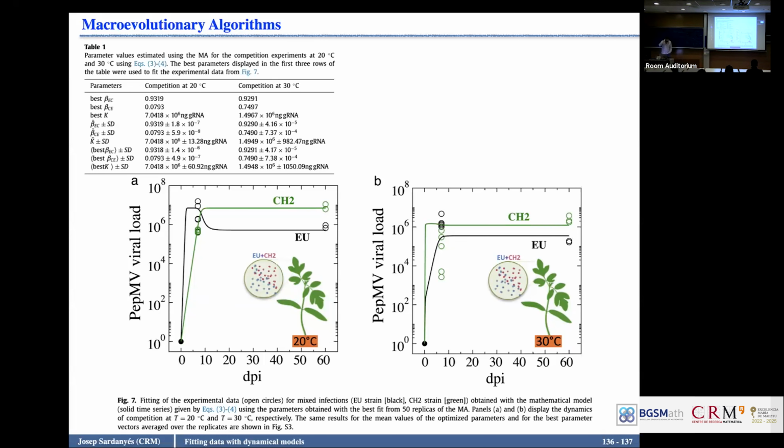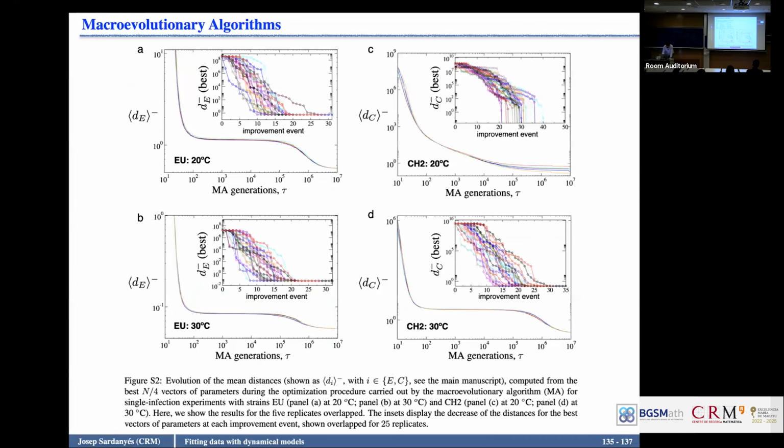Okay, this is a particular example with very limited data. The message here, I would say, is that I will not believe these numbers a lot. But qualitatively, we have reproduced these dynamics. The important thing here is that I want to show you some outputs that you usually should observe when you program macroevolutionary algorithms.